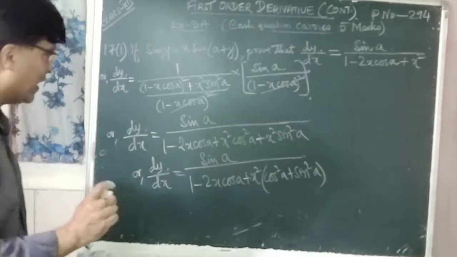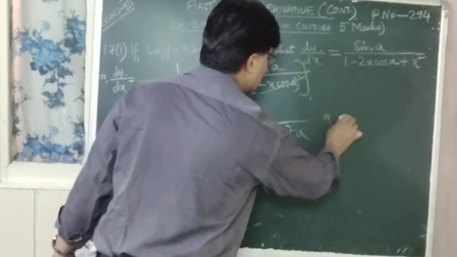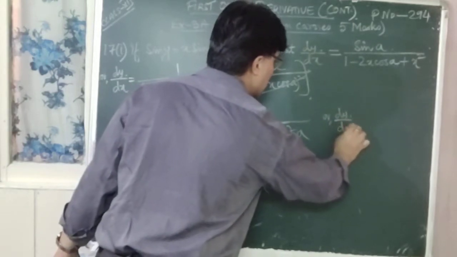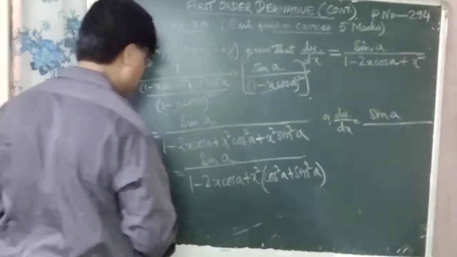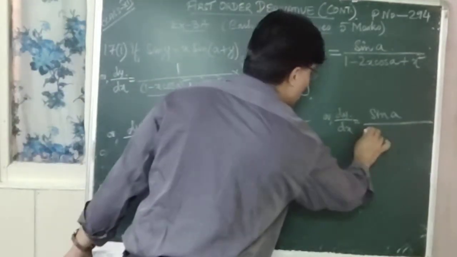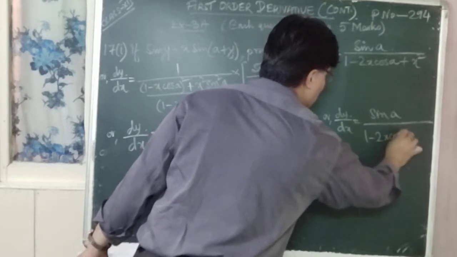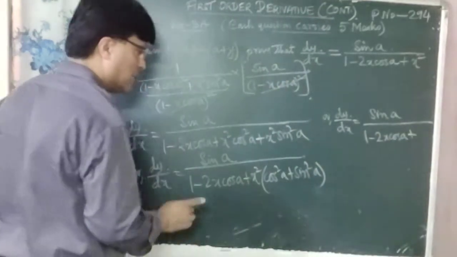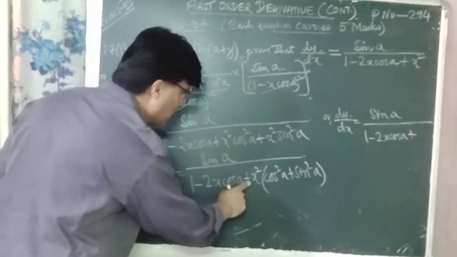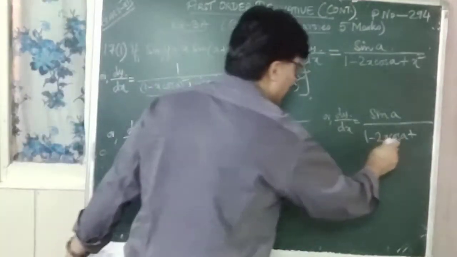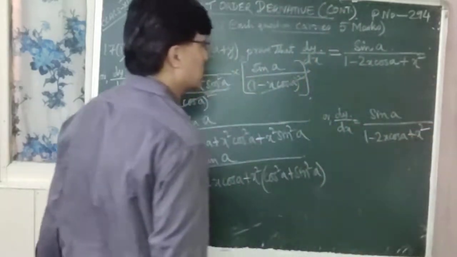It is always 1. So dy by dx is equal to sin a, this whole divided by 1 minus 2x cos a remains the same, plus x squared into 1, that is x squared.